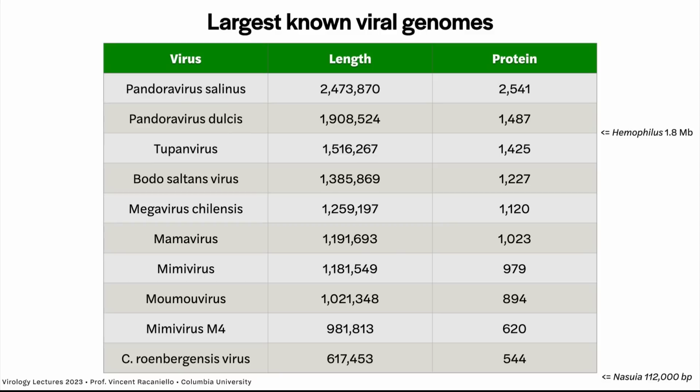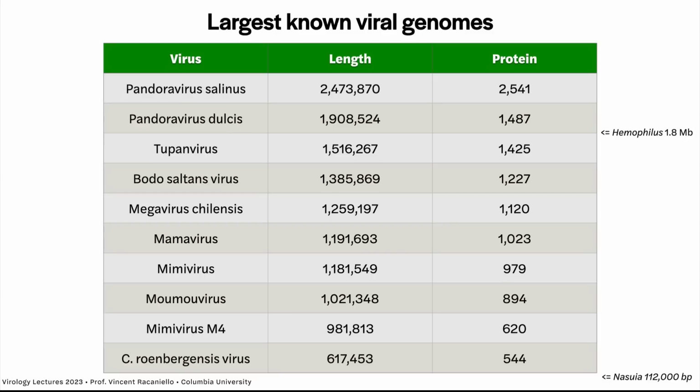The way you figure out what a protein does is by asking, does it look like any other protein? You can get ideas that way, but many of these don't look like anything. Now, Haemophilus there on the side, 1.8 million bases. That's a bacterium that can live on its own, and it's the smallest bacterial genome. So look at how much bigger this virus is. It's not even a bacterium.